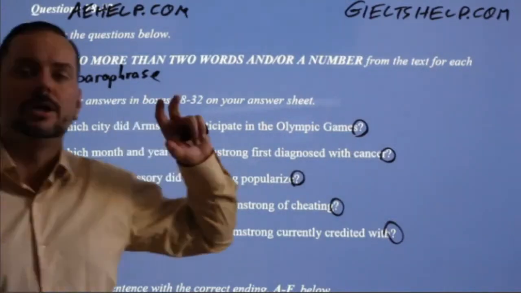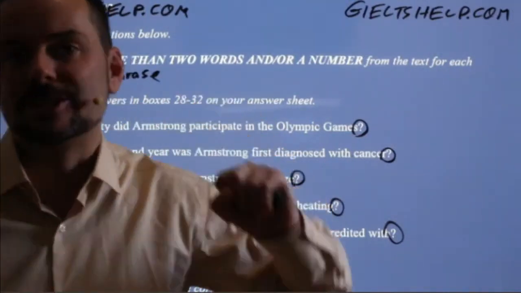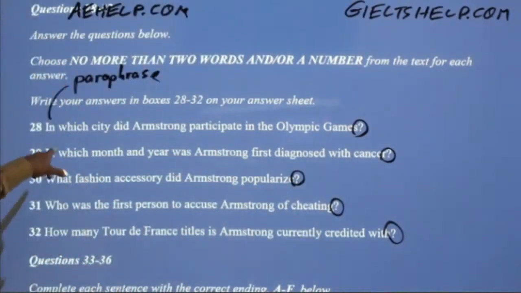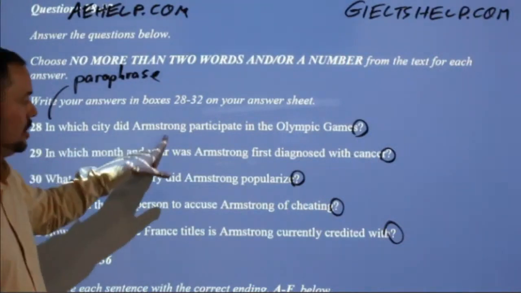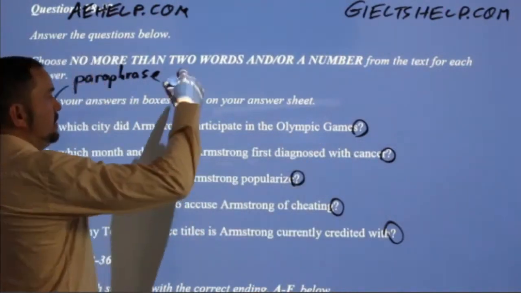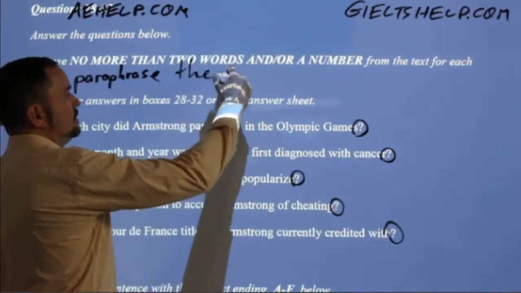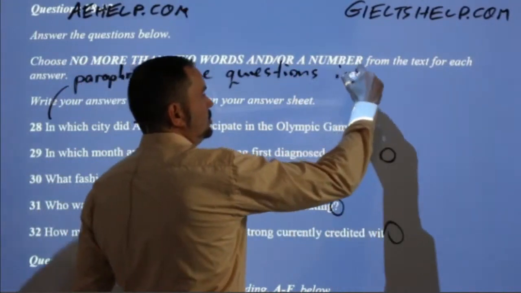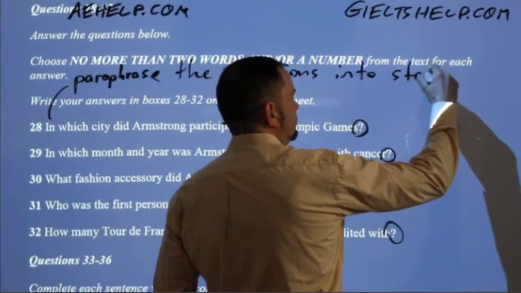So you want to just understand what the question is asking here. Okay, so we want to change it to a sentence. So can you do that for me? Change this into a sentence. In which city did Armstrong participate in the Olympic Games? And you might want to paraphrase. So paraphrase the questions into statements.